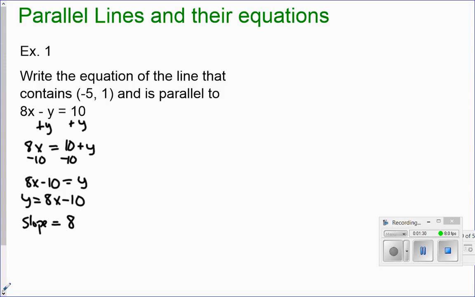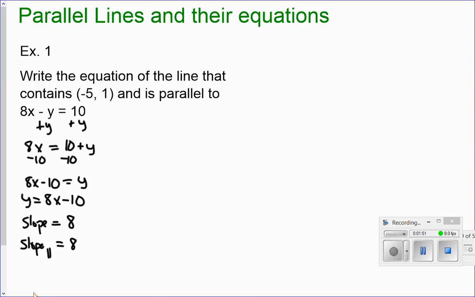So if the slope of this line is 8, then that means the slope of my parallel line is also 8 because parallel lines have the same slope. So I'm just going to write that the slope of, and I'm just going to use the parallel symbol here, the slope of parallel is also equal to 8.